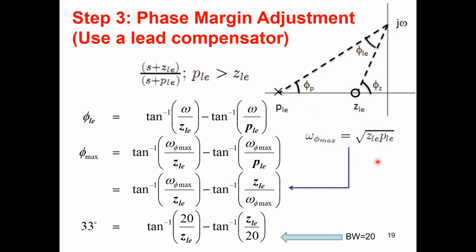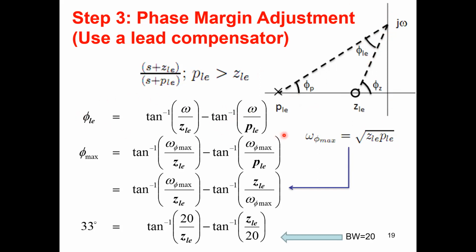It's a very interesting and helpful equation, isn't it? If you place your zero and pole arbitrarily, multiply them together and get the square root, at that point you get the maximum phase, and below and above that you get a smaller angle. This is a mathematical certainty. So we can make use of that in the design, right?